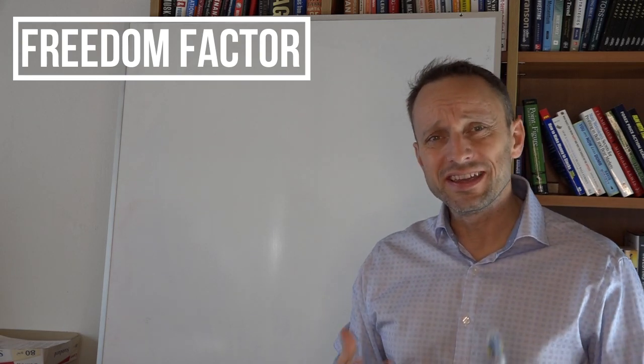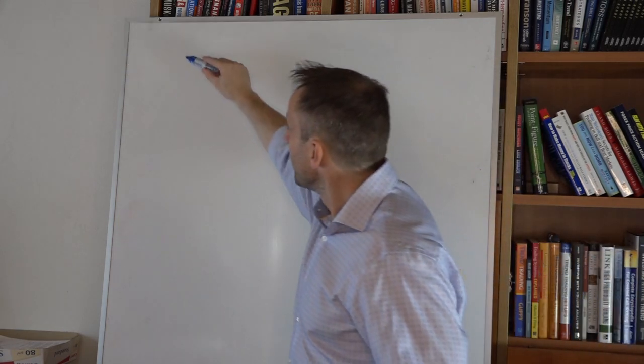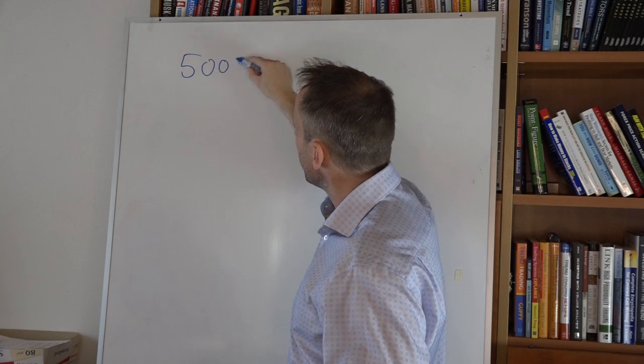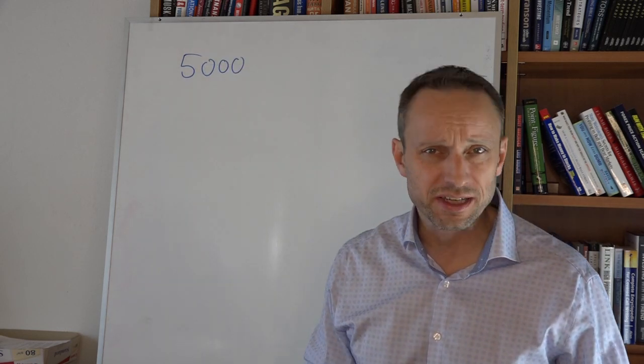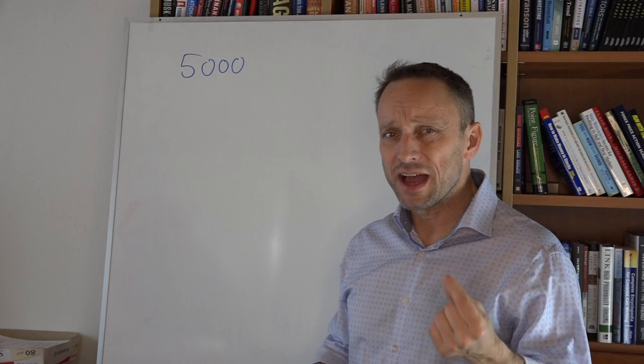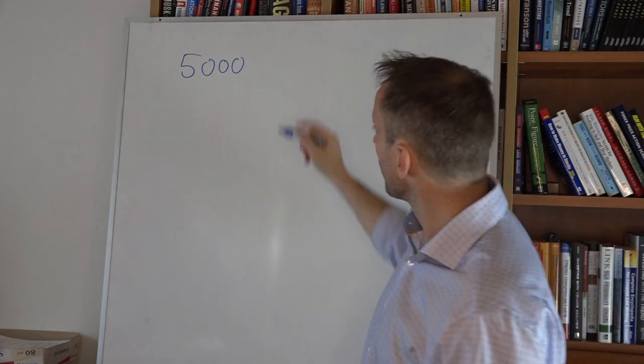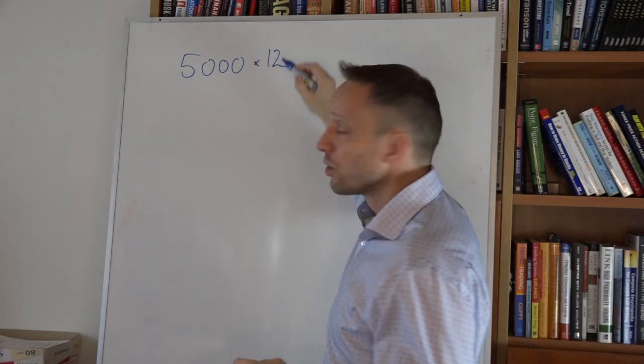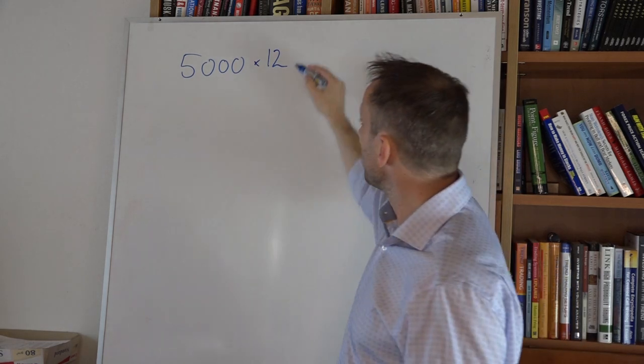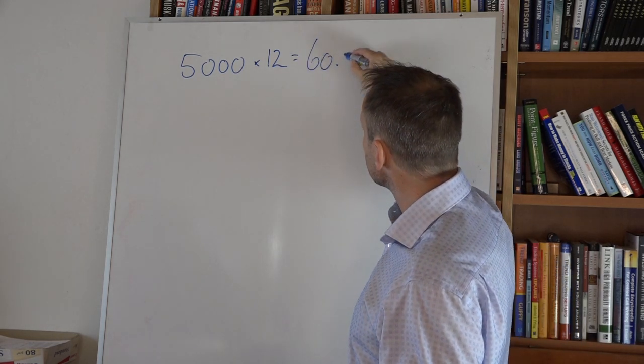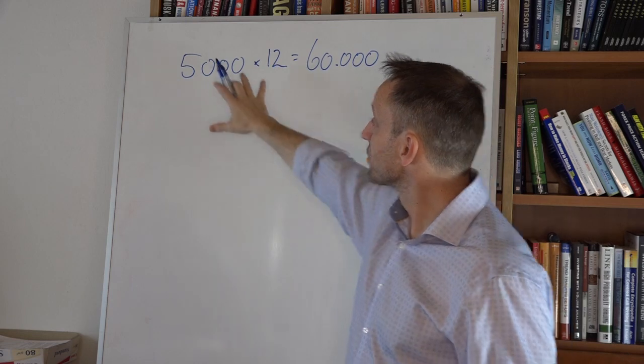What we need here is our monthly expenses. Our monthly expenses, we're just setting that to $5,000 just to make it easy. Then we have to multiply that by 12 so that we have a year's worth of expenses, and that makes $60,000. Now, this number could be anything.